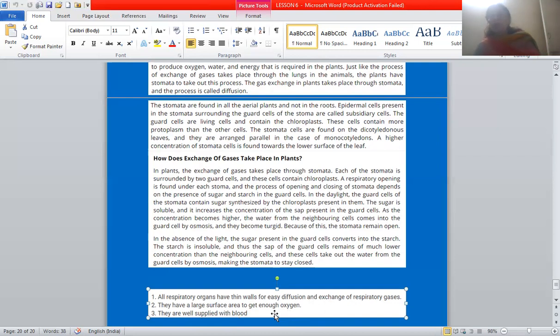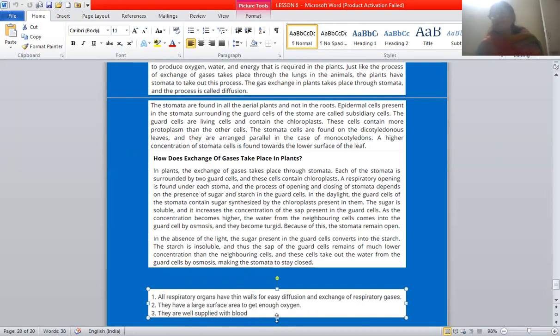You see, there are so many leaves in a plant, and our lungs also are very thin, and if we stretch a lung it will stretch up to 80 meters. So there is a large surface area to get oxygen, and they are well supplied with blood vessels.